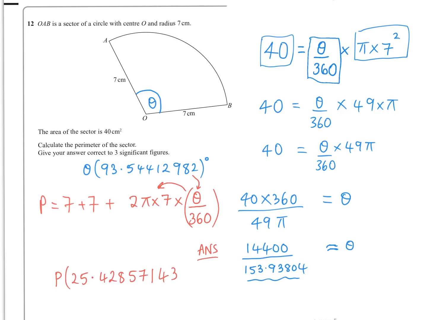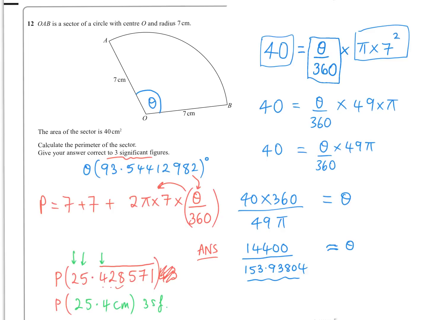I think all that means is it's 428571 recurring, because then it goes 42 and then it's just rounded that 3. But we want it to 3 significant figures, so the perimeter is going to be 1, 2, 3 significant figures. That's 25.4 centimetres, and I'm going to write 3SF there.